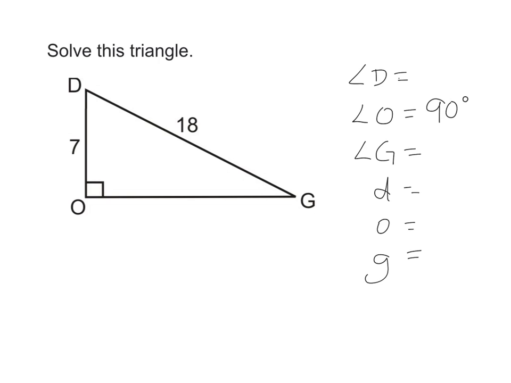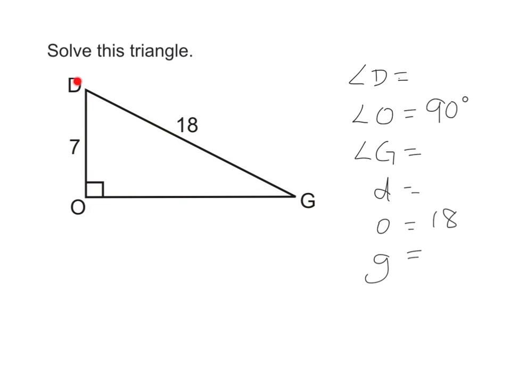The hypotenuse, which side is that, D, O, or G? You could label it DG, like capital D, capital G, but we've been calling that O, opposite, because it's opposite of angle O. So that's going to be 18. That's the way we label them. If this is angle O, capital O, then this is side O, lowercase o.